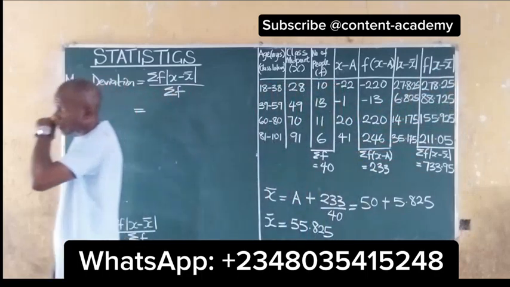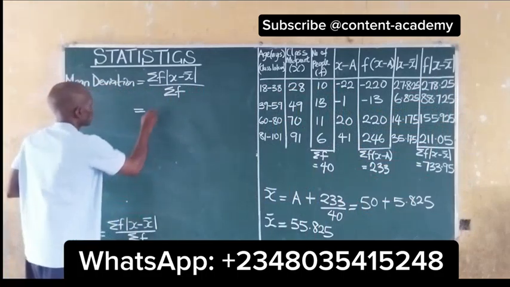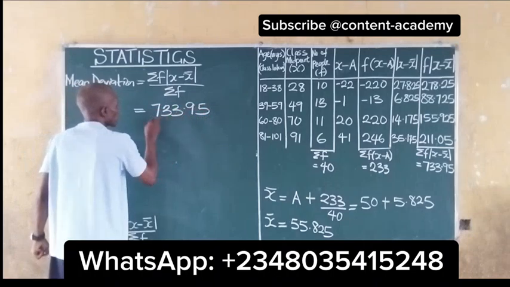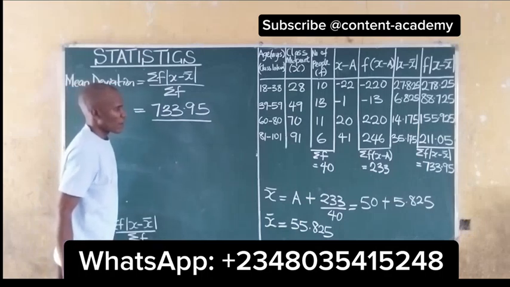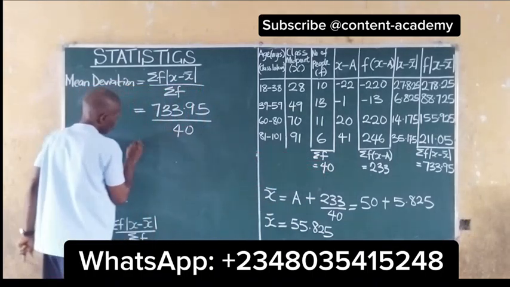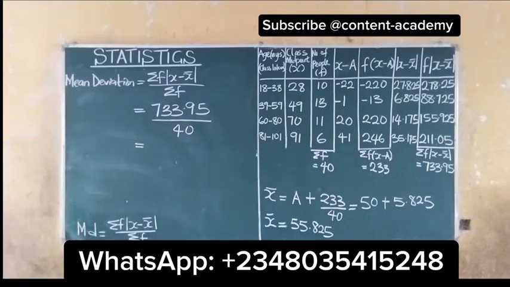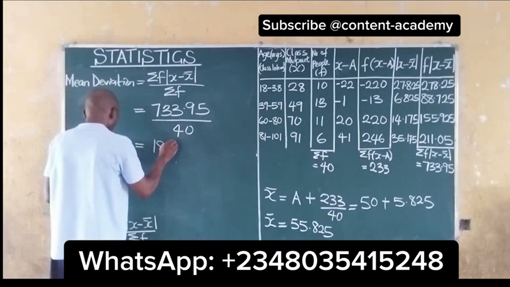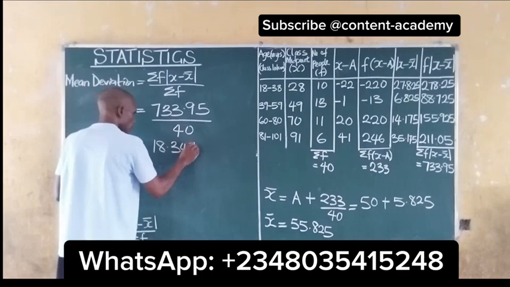This is divided by the summation of f, which is 40. So 733.95 divided by 40 gives 18.349.